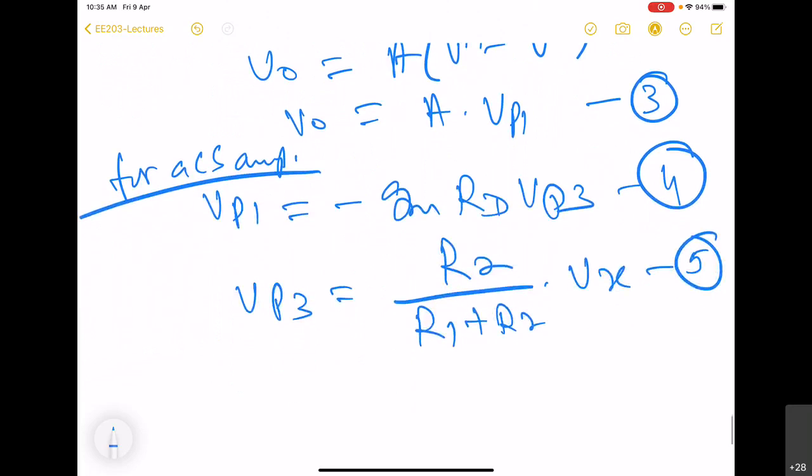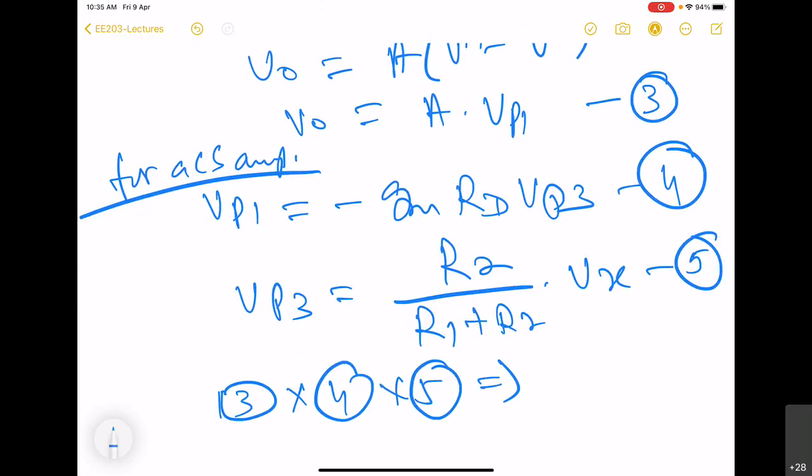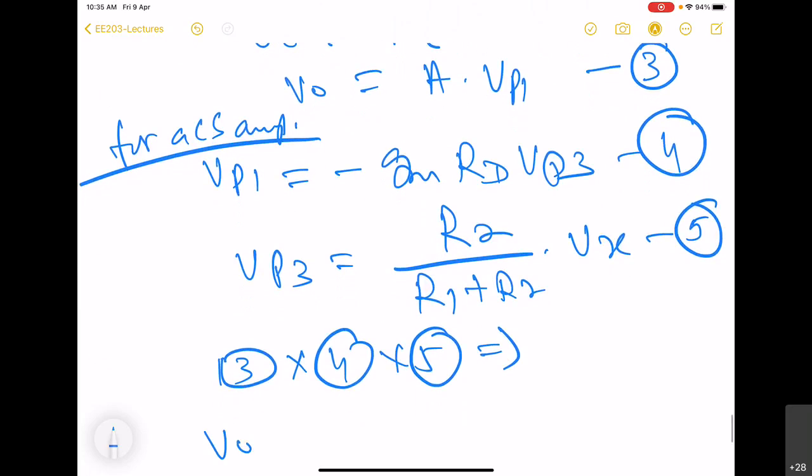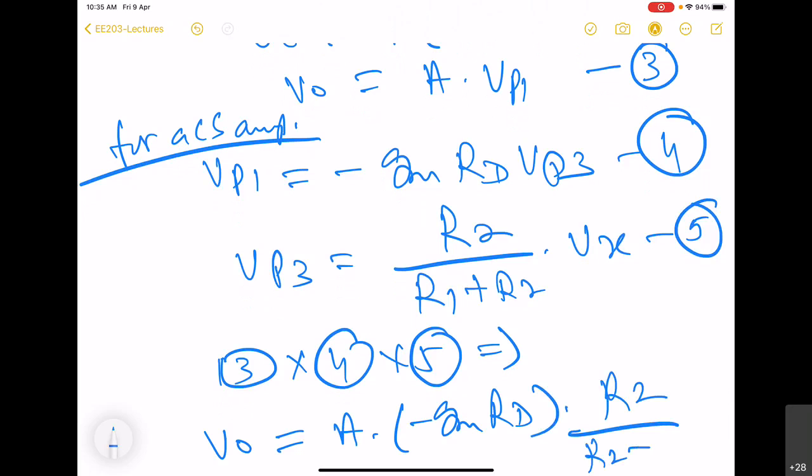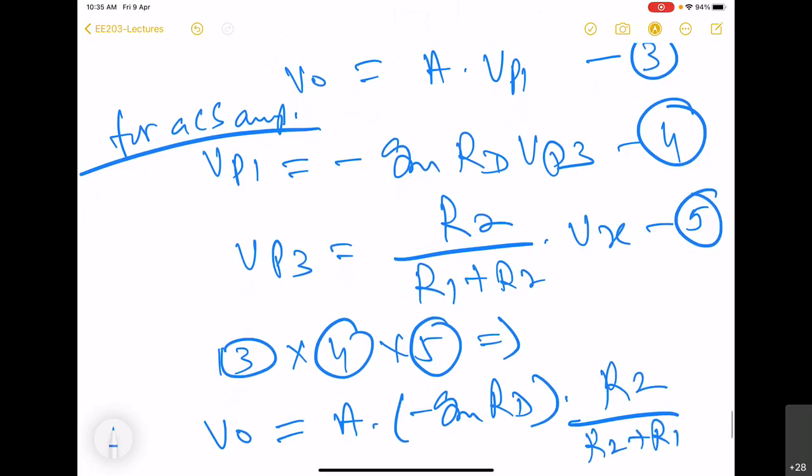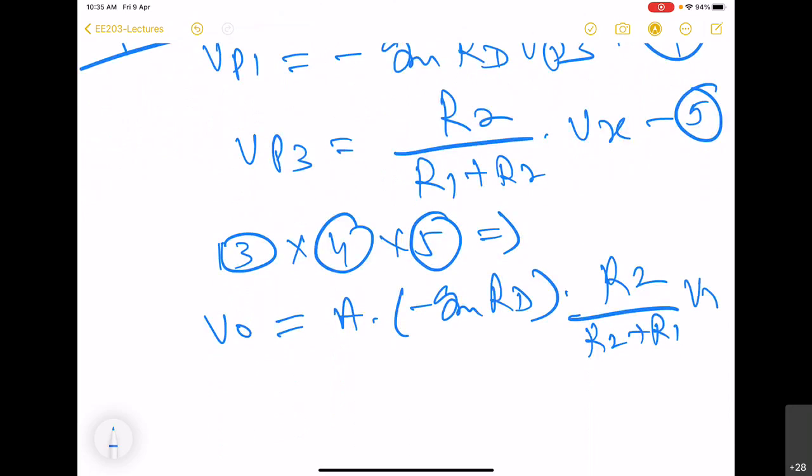So we can multiply all the three equations. VO is equal to A into minus GM RD into R2 divided by R2 plus R1 Vx.